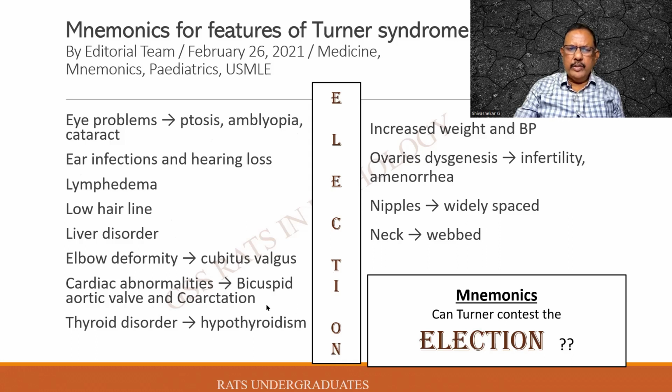T for thyroid disorders, hypothyroidism. I, increased weight and blood pressure, hypertension. O for ovarian dysgenesis, amenorrhea, infertility. N for wide spacing of the nipple, and the neck is also webbed. I think it is a good set of mnemonics, easy for you students to kindly memorize.